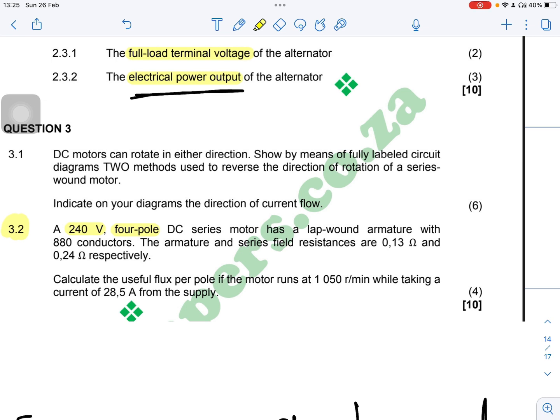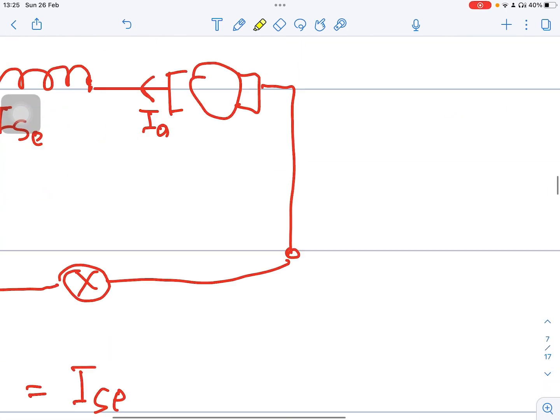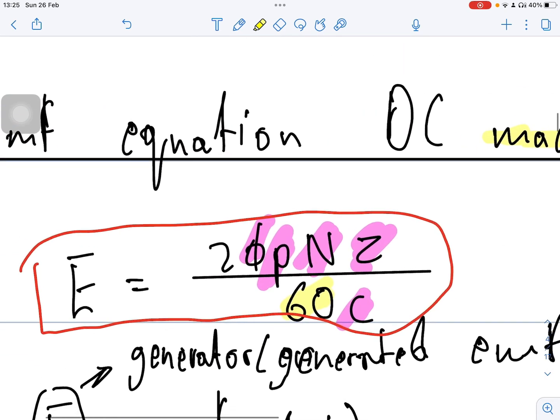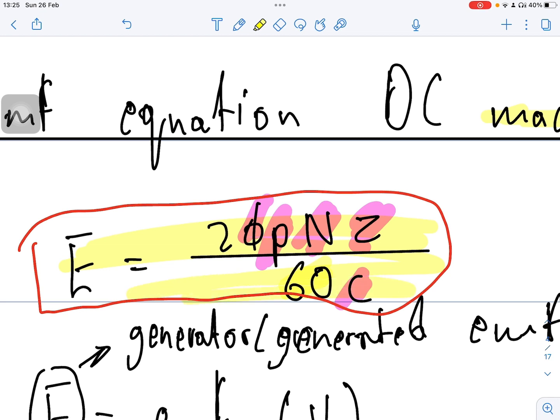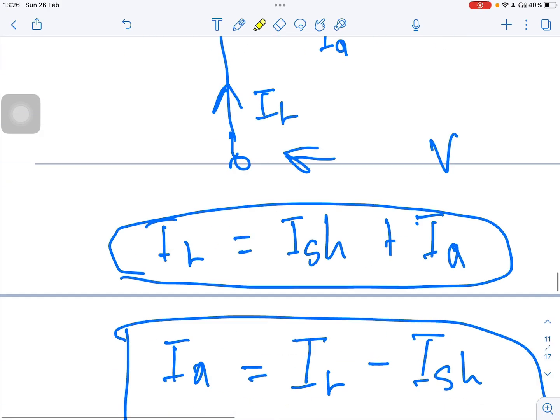You see guys, immediately they start to talk about poles, this formula that applies to both generator and motor, this formula, is the first formula that should come into your mind, because immediately they start talking about non-electrical values. Here is the formula that we have for any non-electrical values. Okay, going back to that question.